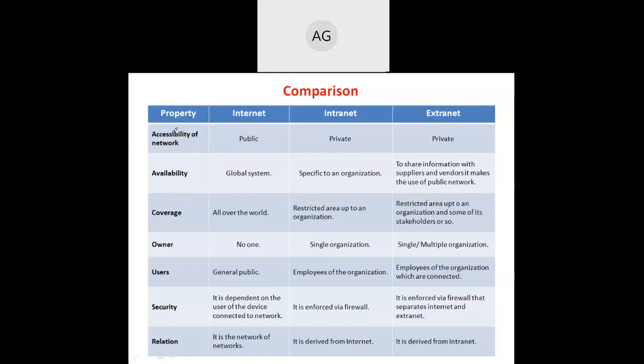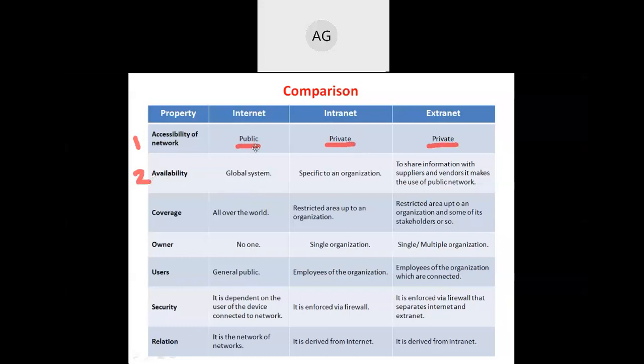So, the comparison has been done with certain properties. The first property is accessibility of network. In the case of internet, it is a public network. In the case of intranet, it is considered a private network, and in the case of extranet, it is also a private network. The second property is availability.